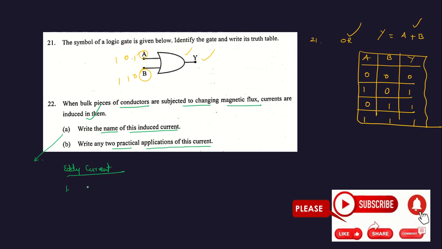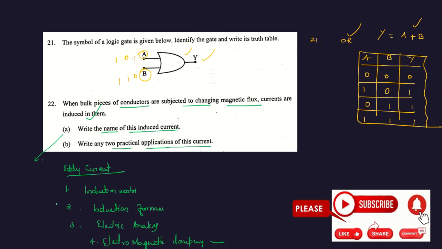Let us mention some of them: in induction motor, then induction furnace, then electric brakes, then electromagnetic damping, especially in the case of deadbeat galvanometers.